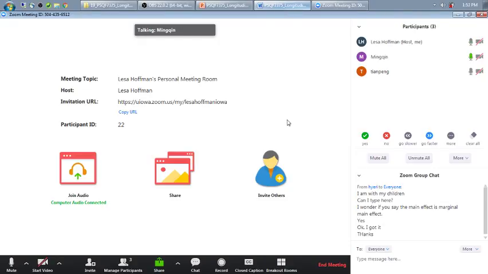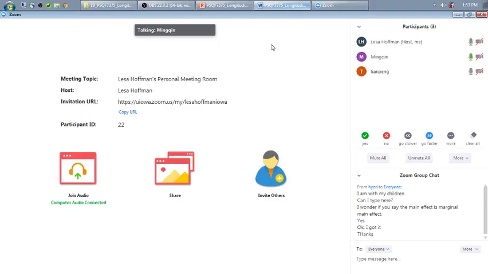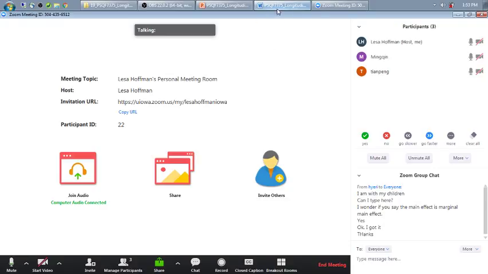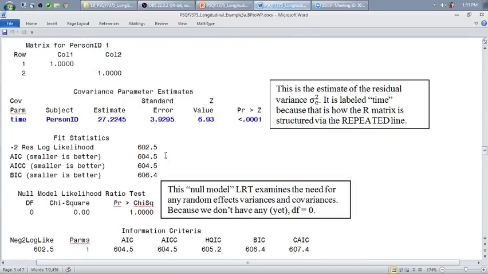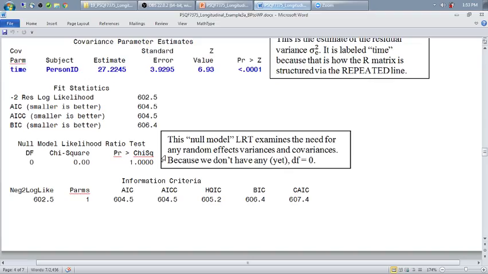Hi, Dr. Hoffman. Hello. I have one tiny question. In SAS proc mixed, what does IC stand for? Oh, it stands for information criteria. It prints a piece of output called the information criteria table.